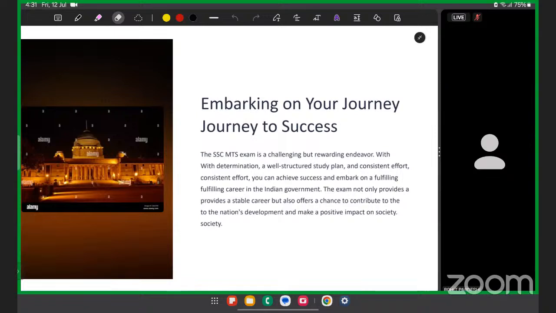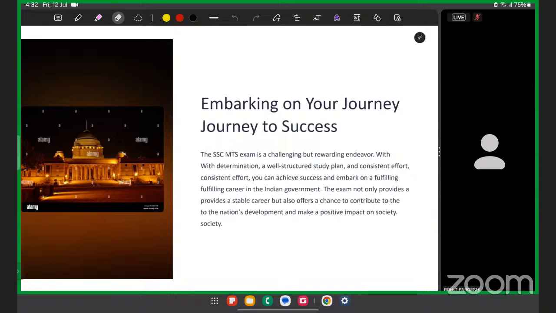This exam not only provides you a stable career, but also an important opportunity to build the foundation for yourself as an individual who contributes to society.